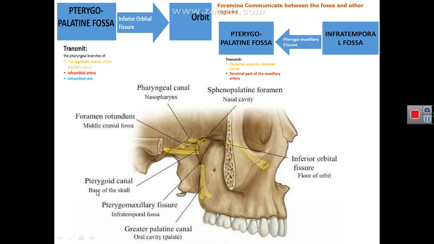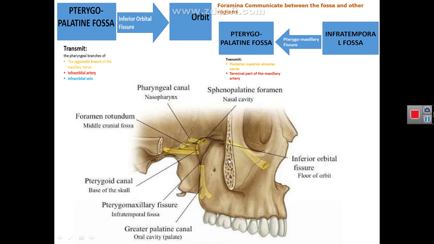Also, the pterygopalatine fossa is connected with the base of the skull by the pterygoid canal, and with the infratemporal fossa by pterygomaxillary fissure, and with the oral cavity via the greater and lesser palatine foramen, which is here denoted as the palatine canals. Actually, it is also connected with the orbit via the inferior orbital fissure, which is the base of the four-sided conical pterygopalatine fossa.